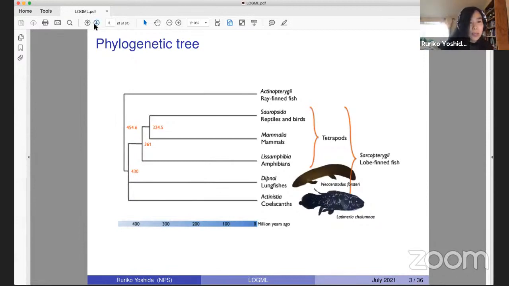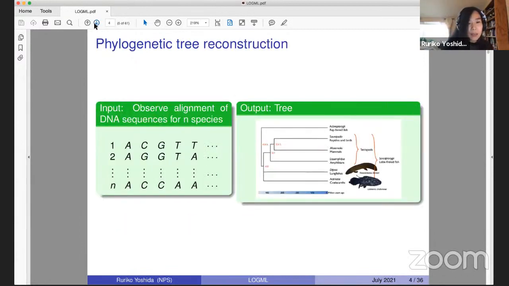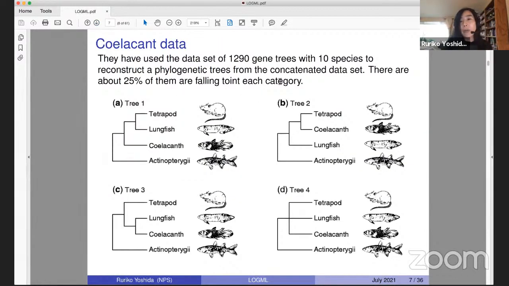So going back to this data set, the authors just checked how the tree shape looks, but they didn't consider the branch length of each branch in each phylogenetic tree. So how are we going to do that? That's the biggest question.